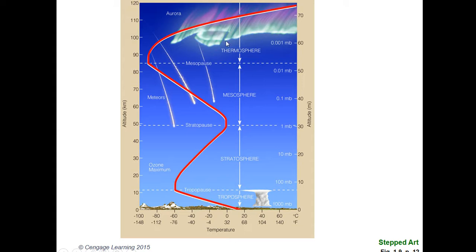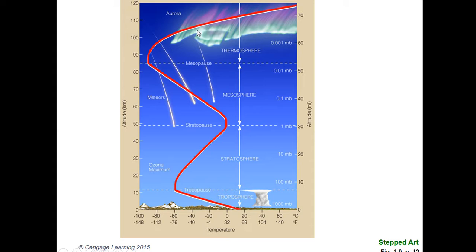So the radiation which would otherwise fall to the Earth and make it very difficult for living things on the surface to exist, instead gets caught in the Earth's magnetic field at the very top of our atmosphere, and so it never comes down.